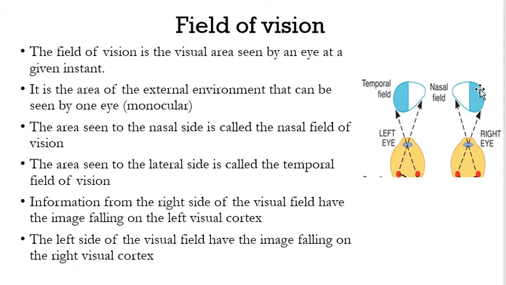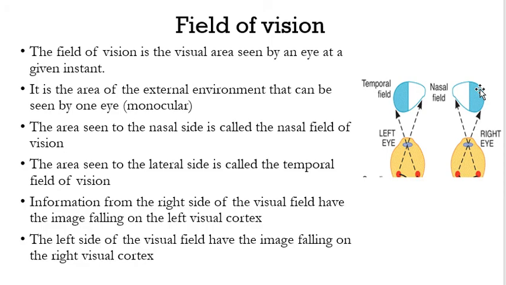The nasal part of the right eye is on the left side, whilst the nasal side of the left eye is on the right side. I need you to pause, rewind this part, and practice.